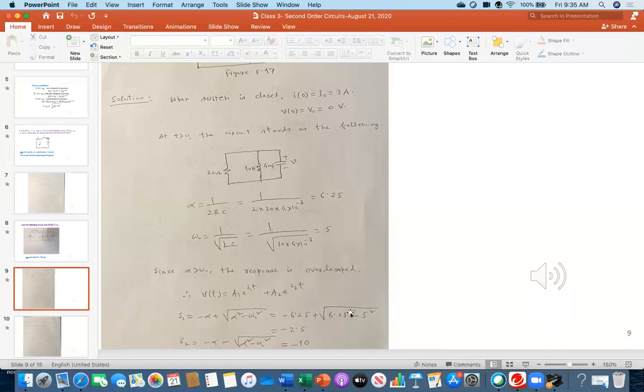Just plug in those numbers. So you are getting minus 2.5, and here s2 is minus 10. Now substitute s1 and s2 in this equation. After substituting, you see there are still two unknowns, two constants, A1 and A2, that we have to find out with the help of the initial conditions that we did at the top.